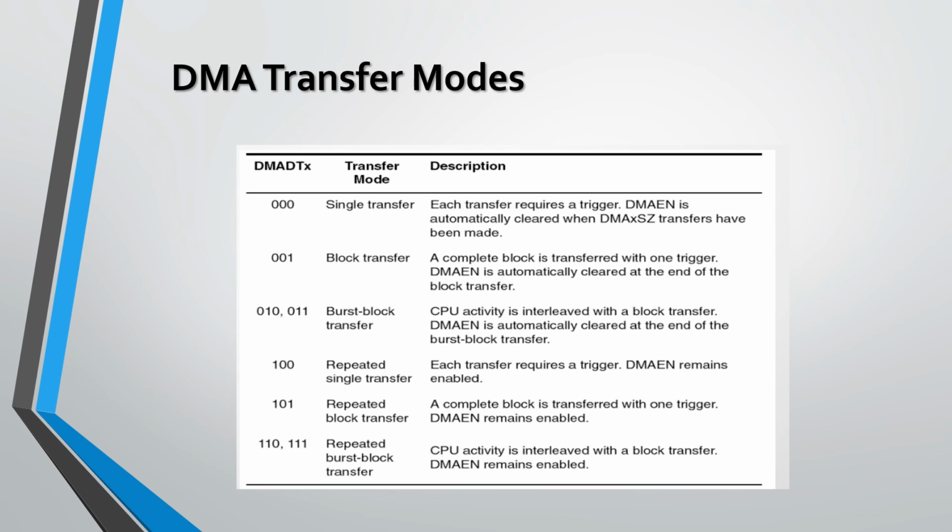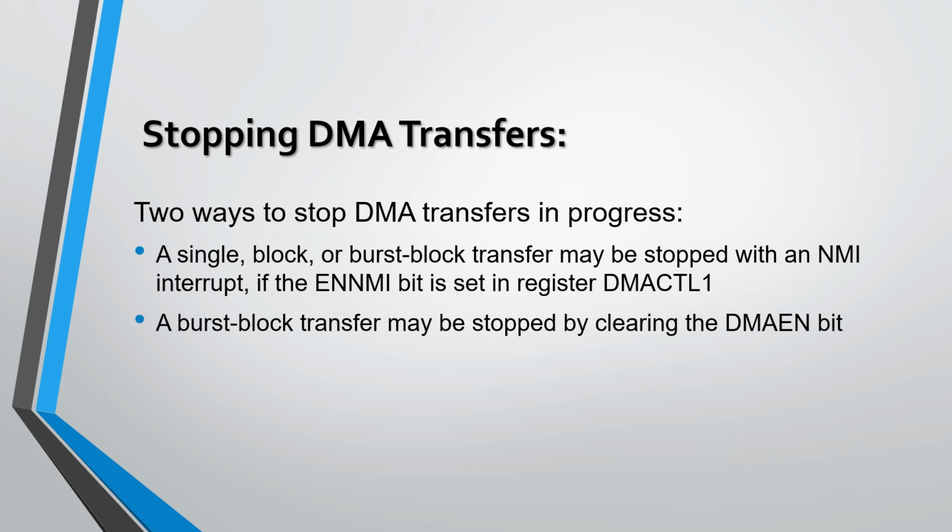The CPU is halted until the complete block has been transferred. In burst block or repeated burst block modes, the block transfers occur with CPU activity interleaved. The CPU executes 2 MCLK cycles after every 4 byte or 4 word transfers of the block, resulting in 20% of CPU execution capacity.